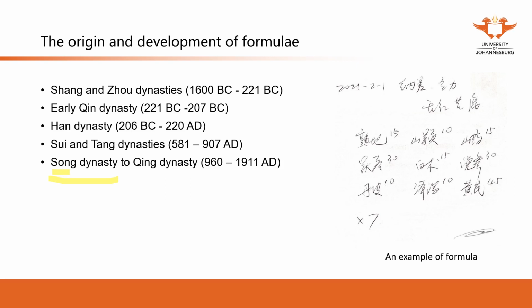So the medical books were printed instead of copied by hand. When we use printing, we can have more books. That's why until today, we can still see a lot of books from the Song, Yuan, Ming, and Qing dynasties. In these 1,000 years, there were a lot of developments in Chinese medicine.